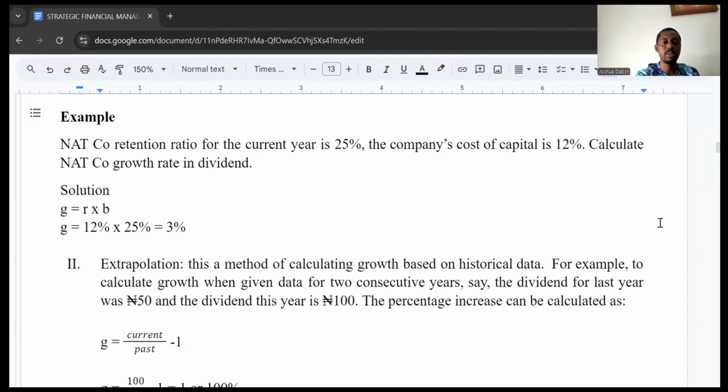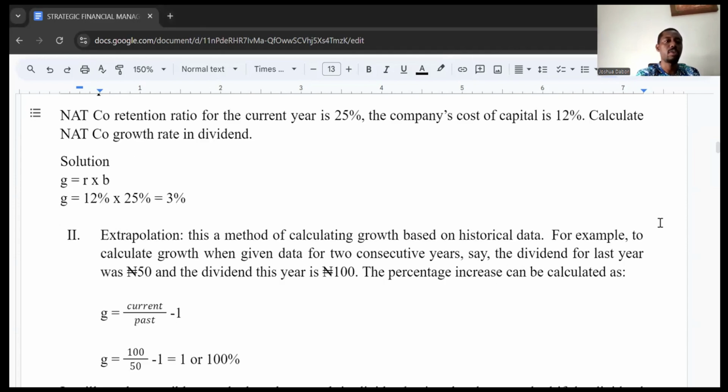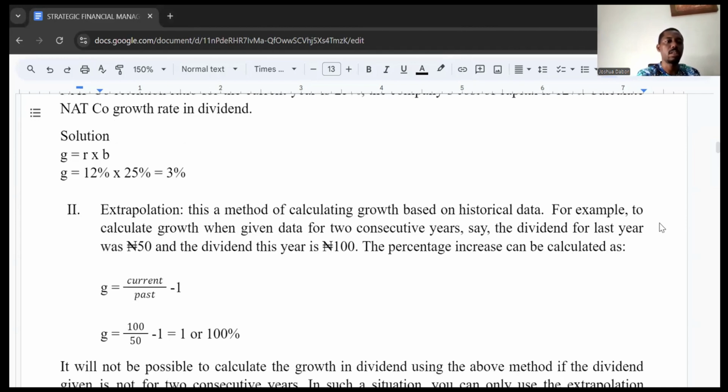So this is a very simple question. You've been given the returns on the investments, which is R, and we've also been given retention. So the growth rate is just simply returns times retention, which will give you 3%.